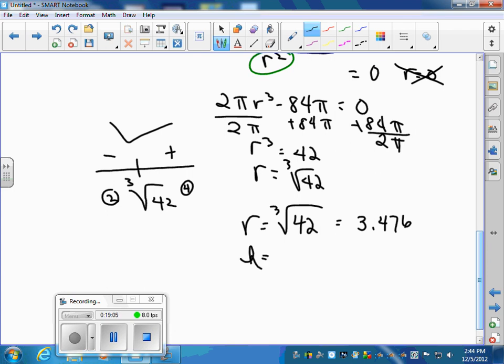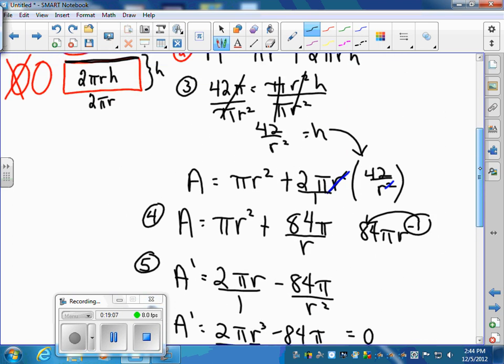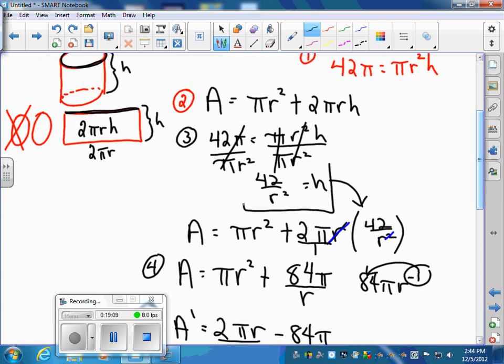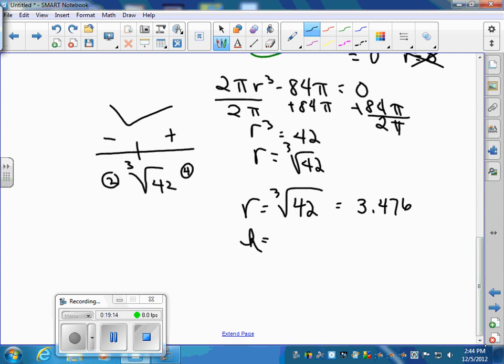And if we go back, we have a formula for the height of our cylinder. It's right here. It's 42 over r squared.